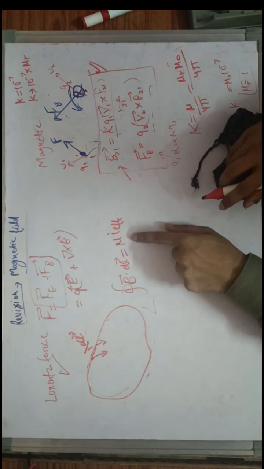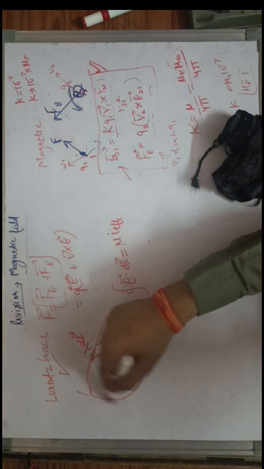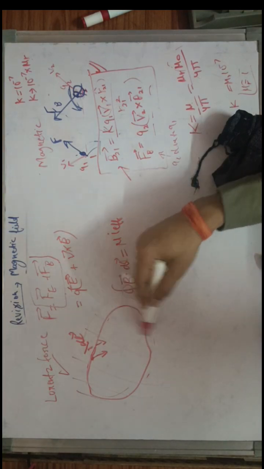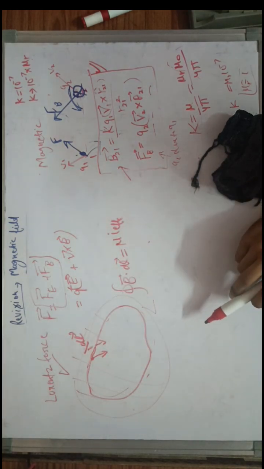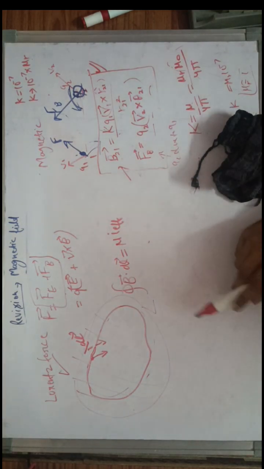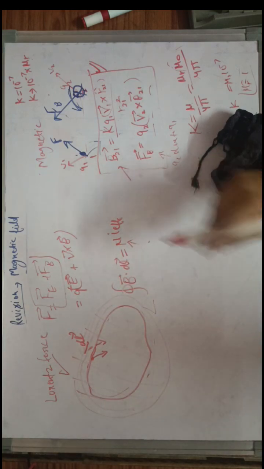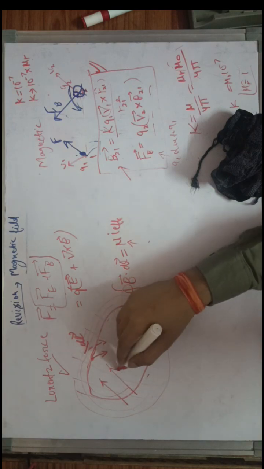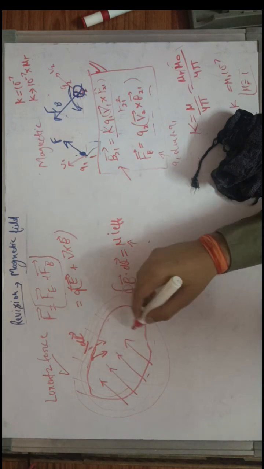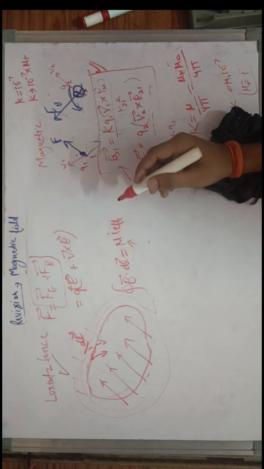where mu is equal to the permeability of the medium here. Let's say this medium in this region has some permeability, mu, and the total current passing through this loop is, let's say, I effective.